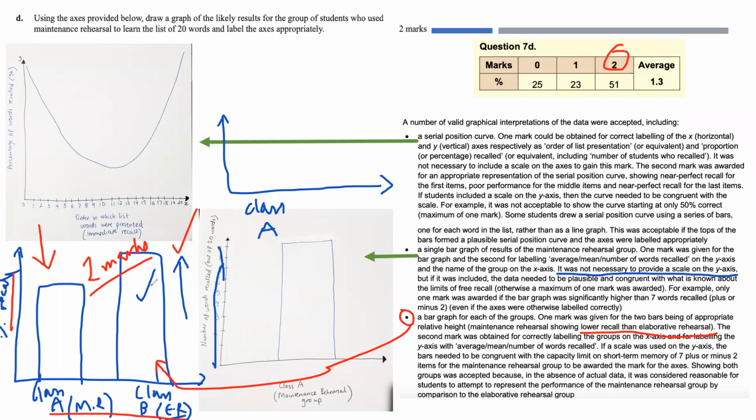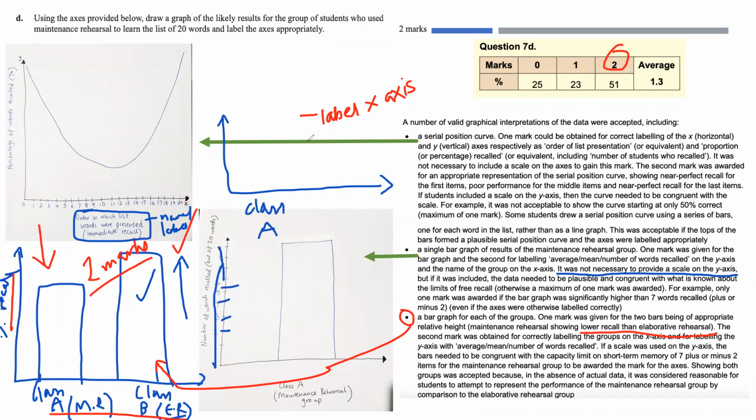Just know that you've got to label your x-axis. So whenever you get any graph question, just remember the 3 things. Remember there's a difference between labeling and scale. Labeling is naming. So this is the name, the order in which list words were presented. That's the name or the label of the axis. The scale is the actual numerical thing, how you list out the numbers, so 2, 3, 4, like that.